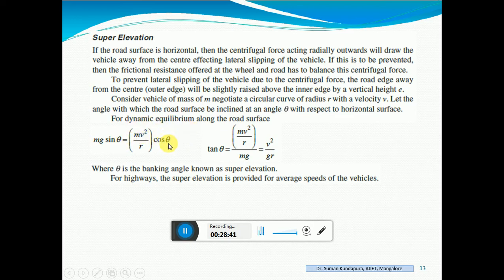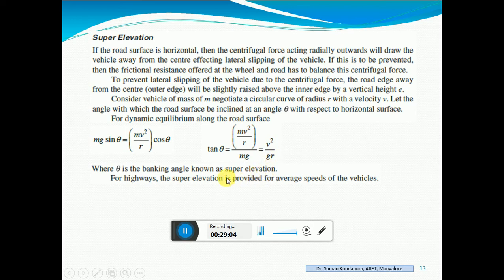Moving to the right hand side, minus and minus get cancelled, and m will get cancelled here. So sin theta by cos theta is tan theta. Tan theta is equal to mv squared by r divided by mg, so v squared by gr will remain. So tan theta is equal to v squared by gr.